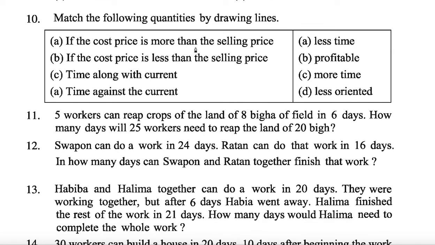Okay, match the following quantities by drawing lines. If the cost price is more than the selling price, less time profitable, more time less oriented. If the cost price is less than selling price, that is profitable. Time along with the current is less time.